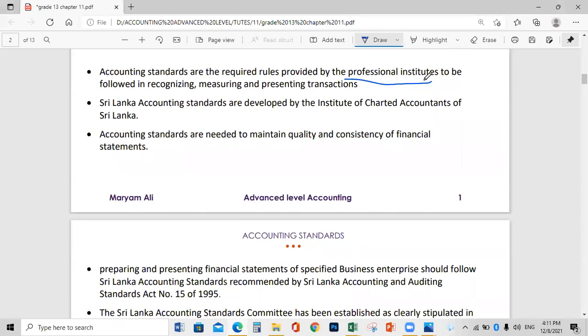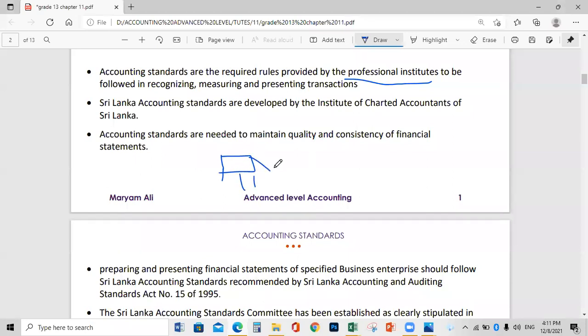In order to follow them, when you recognize, guys, you first have to identify whether it's an asset, liability, income, or expense. So when you're recognizing, these accounting standards help you to recognize and measure. Say you have found a table.